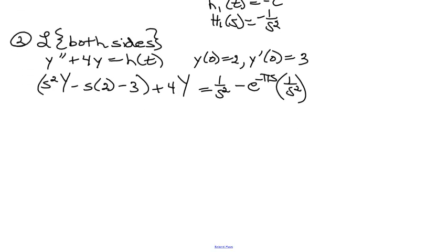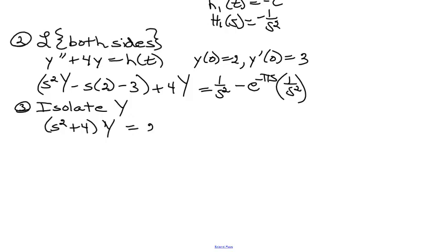All right, so now that we've done the Laplace, now I want to solve. At this point you want to isolate cap y. So we will get our cap y terms together, s squared plus 4 times cap y. And then we want to move these other terms to the right-hand side.